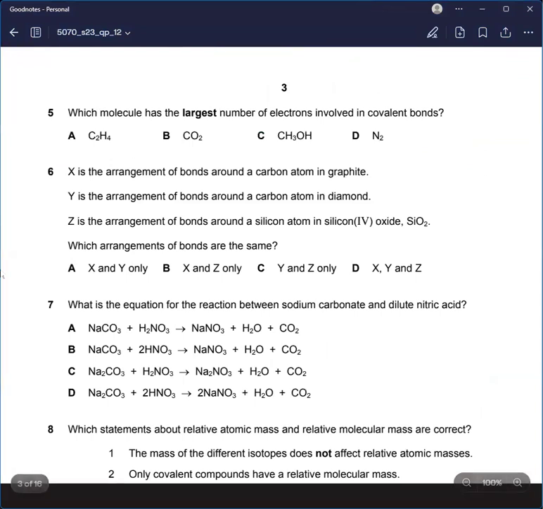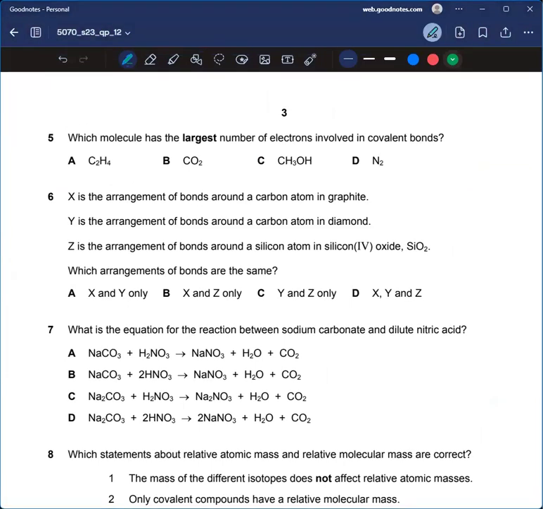Question number 5. Which molecule has the largest number of electrons involved in covalent bonds? Okay. So for that, we can draw the dot and cross diagram.